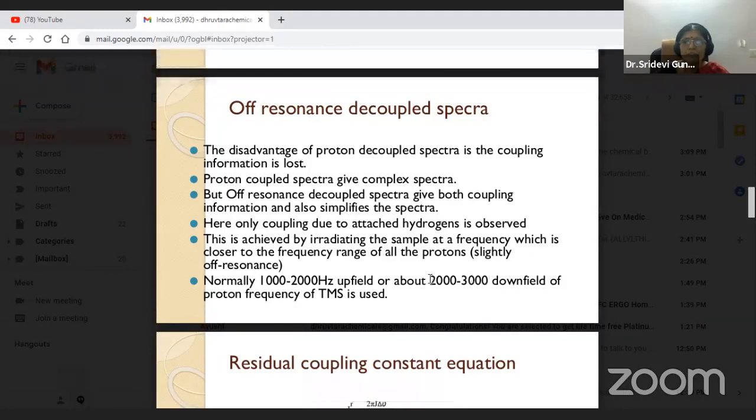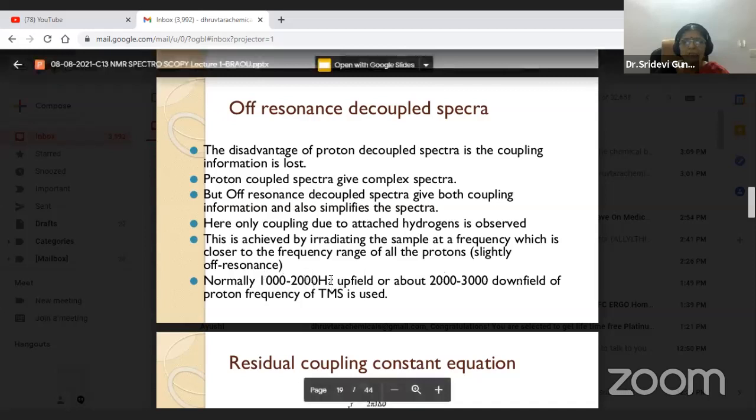It is approximate. In the proton range, that radio frequency corresponding to proton frequencies is not used.